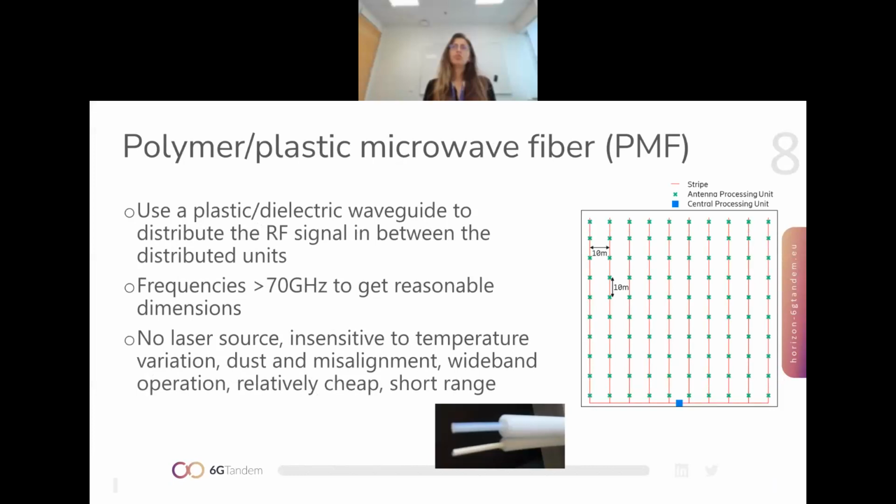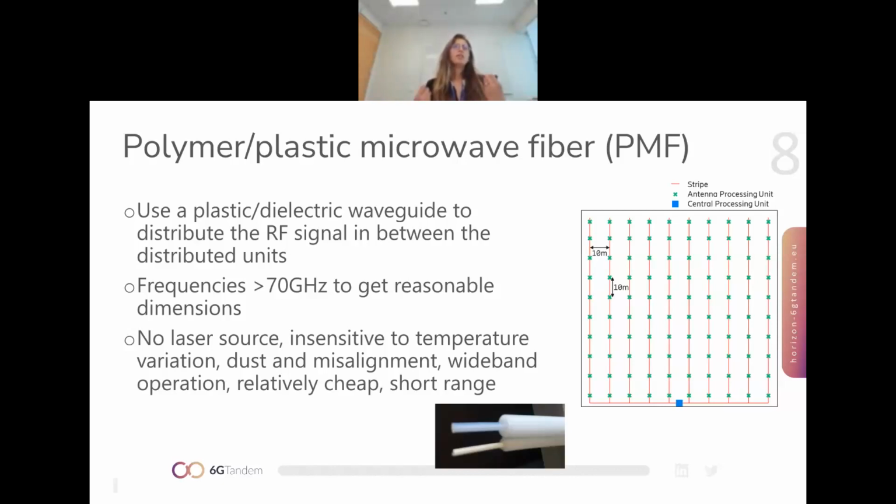So what 6G is promising is more than 10 gigabit per second UE throughput, and then we are realizing that it's becoming more challenging in terms of power handling and data exchange. And we see that there is this possibility here. We have this plastic dielectric waveguide to distribute the RF, and at these frequencies, the 140 gigahertz, the dimensions of these fibers become reasonable.